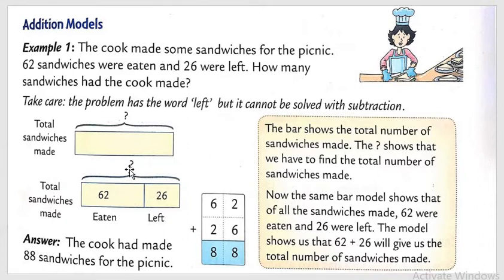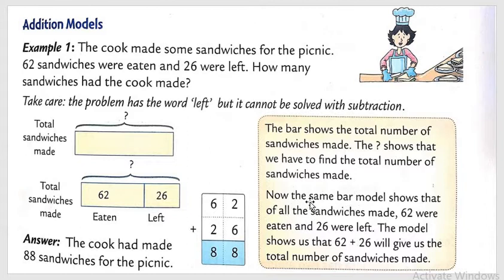This question mark shows we have to find the total number of sandwiches, because the eaten number is known and the left number is known. That's why we have to find this question mark, a 2-digit number. Understood all students?